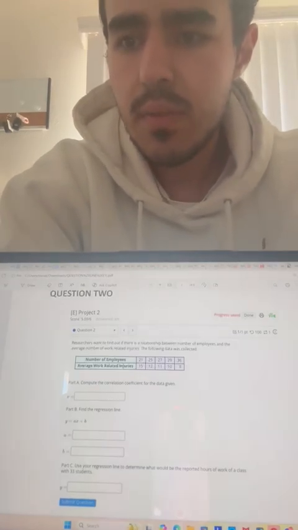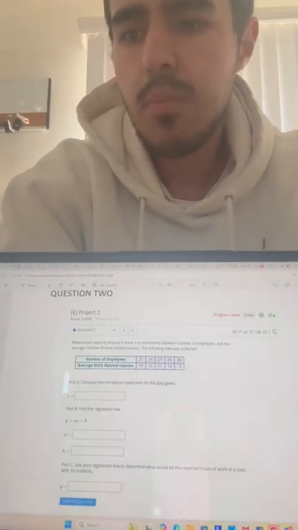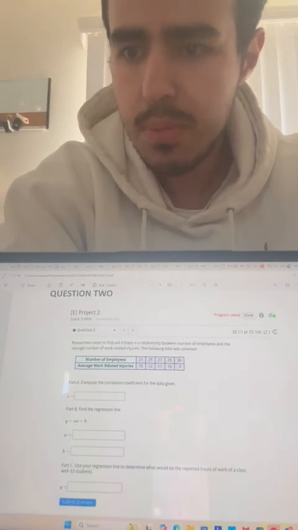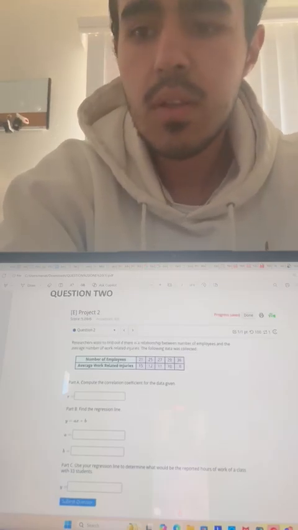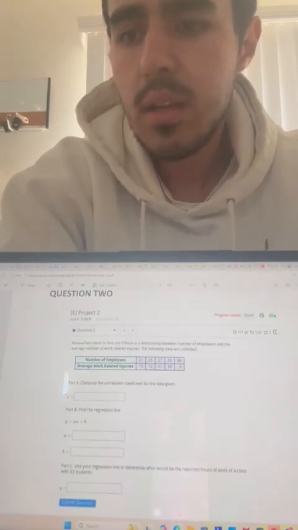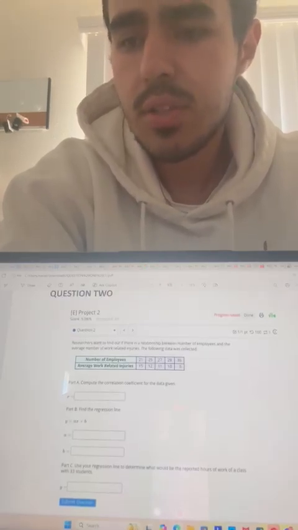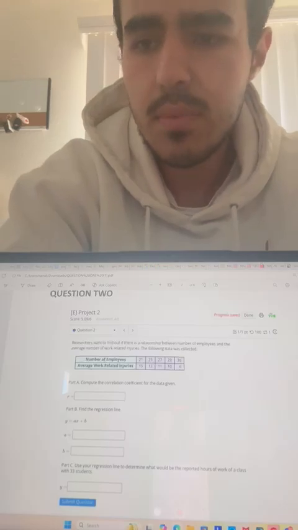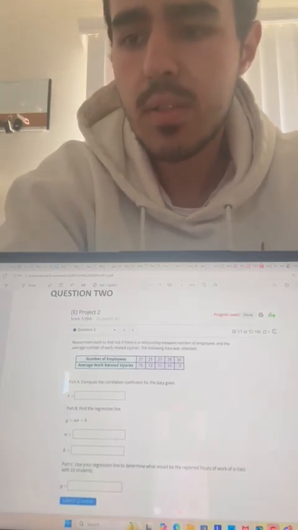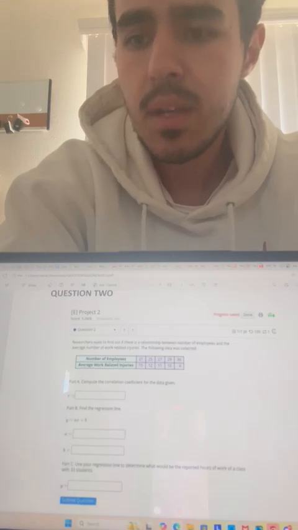This question involved analyzing the relationship between the number of employees and the average work-related injuries. Part A, compute the correlation coefficient. The correlation coefficient r measures the strength and direction of the linear relationship. We calculate the necessary sums of xy, x, y, x squared, and y squared from the given data.